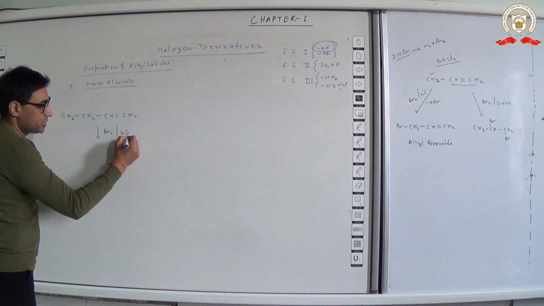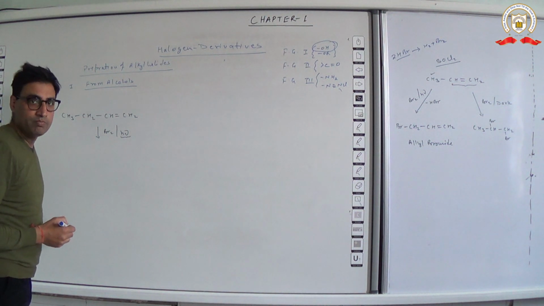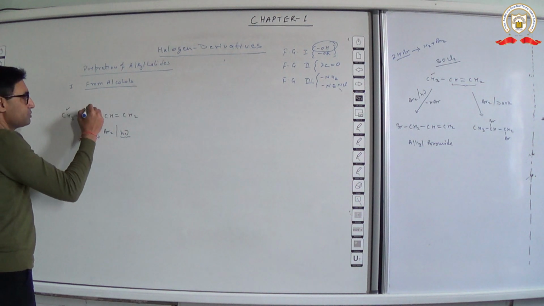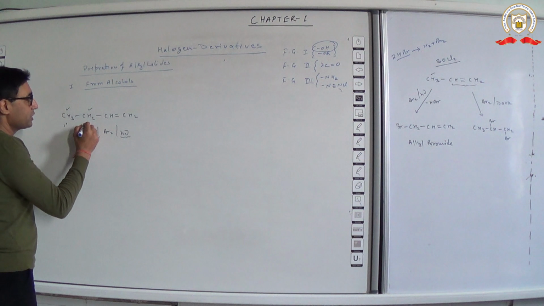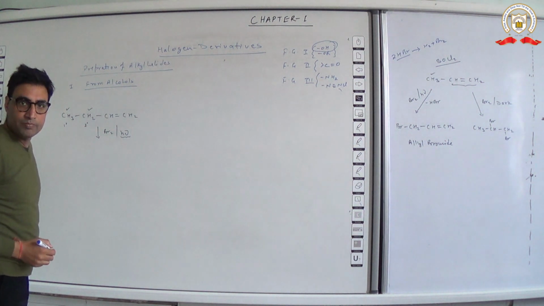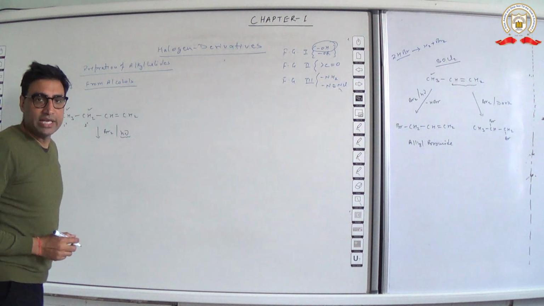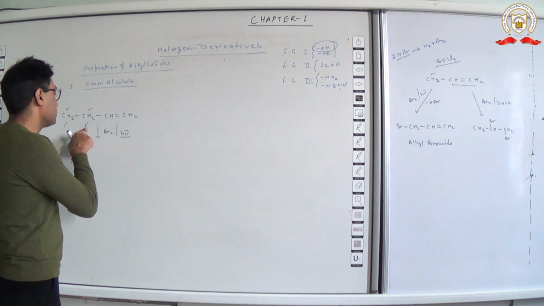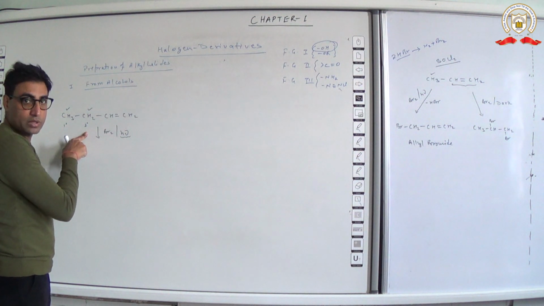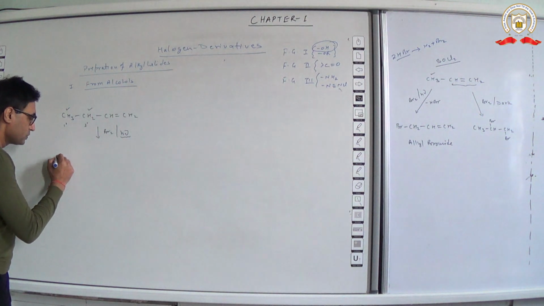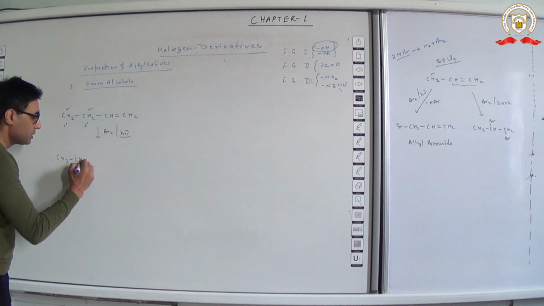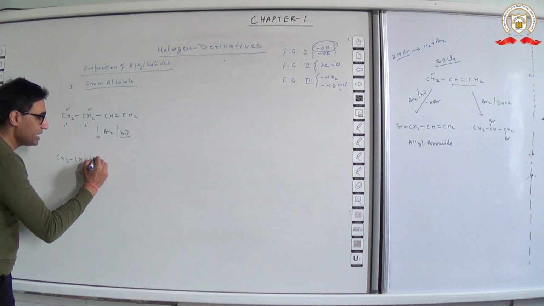No doubt in the presence of sunlight it is substitution that will occur. Substitution can occur here, and substitution can occur here. But here you will get a 1 degree free radical, and here you will get a 2 degree free radical. Since the 2 degree free radical is more stable, it will form quite easily. So this is the side where Br is going to attack. That means the major product will be like this.